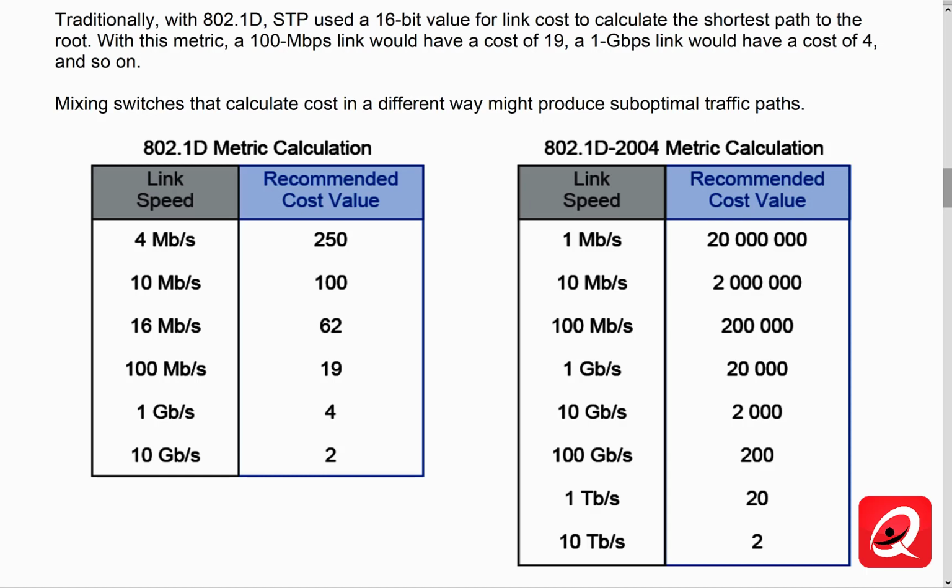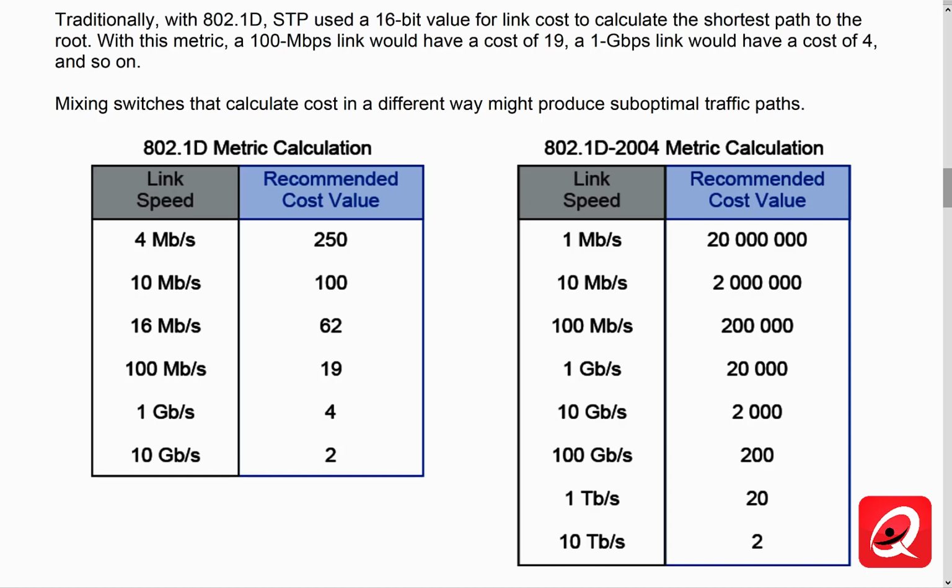You can see here that they basically divide by 10 each time or multiply by 10 each time, depending on what direction you're going, to include the cost of that particular link. Obviously, a 1 meg link is going to cost you a lot more than a 10 terabit link. But this is not something you would normally have to configure. This is something that is inherent in the type of spanning tree protocol that you utilize.